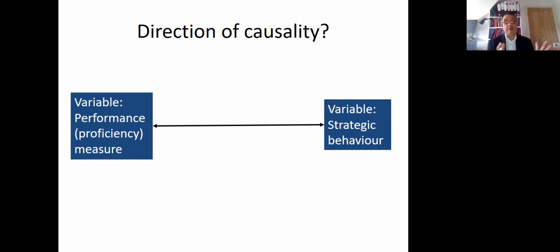Is it that somehow your proficiency level gives you access to a certain number of strategies that you couldn't possibly have access to if your vocabulary was much, much lower? So I think that direction of causality is still there to be discussed at a theoretical level and at an empirical level as well.